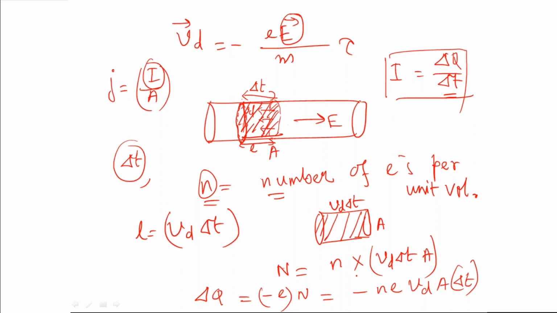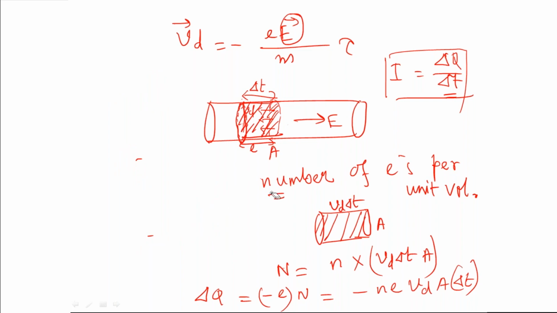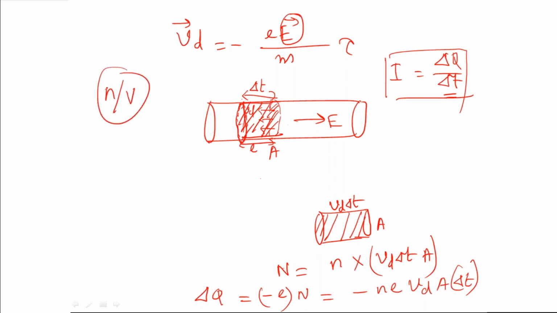Let me tell you once again. I have to find out the total charge which is crossing this area, which is perpendicular to the electric field, in time delta t. I know the number of electrons per unit volume, so that is small n.